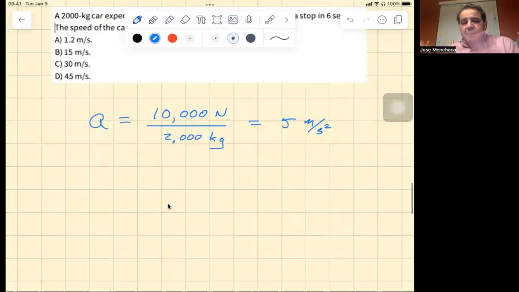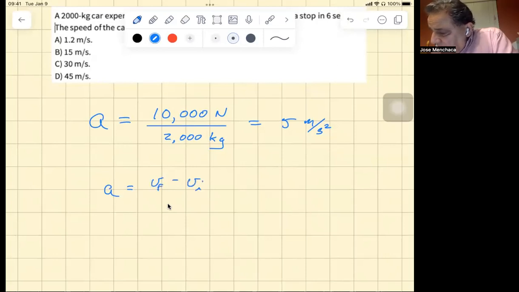Now, from the previous chapter, we know that acceleration is also defined as the final velocity minus the initial velocity divided by the time. Well, we know that the final velocity in this case is equal to 0.